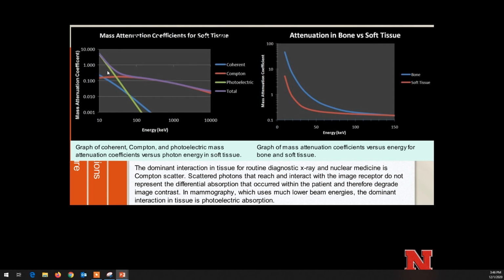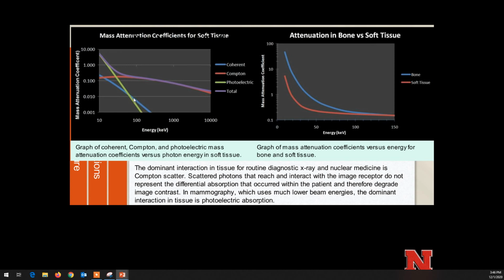Again, mammography, lower energy, burning that into your brain, which becomes less and less relevant as you get to these higher energies above the photoelectric effect threshold of the given soft tissue, versus the coherent and Compton effects, which tend to remain even at these higher energies.